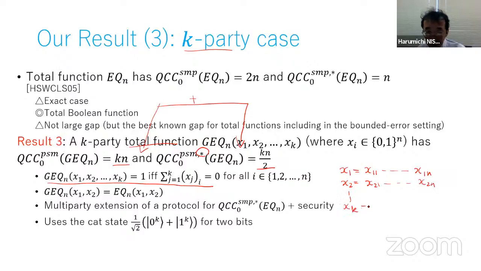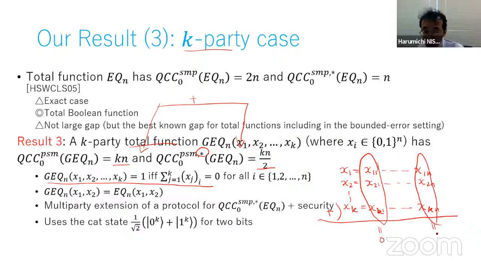The K-th party has xk1 to xkn. Now this condition means that we just add by mod 2. So this part's addition is 0, and also this part's addition is 0. This is the generalized equality function.